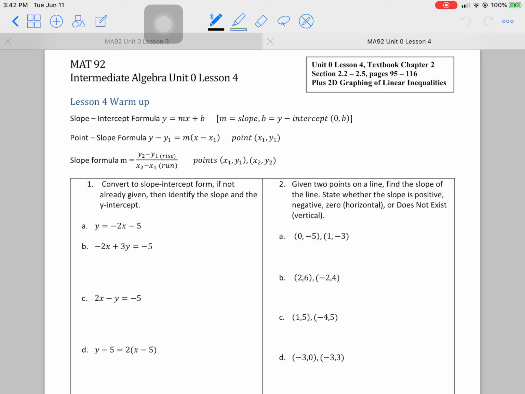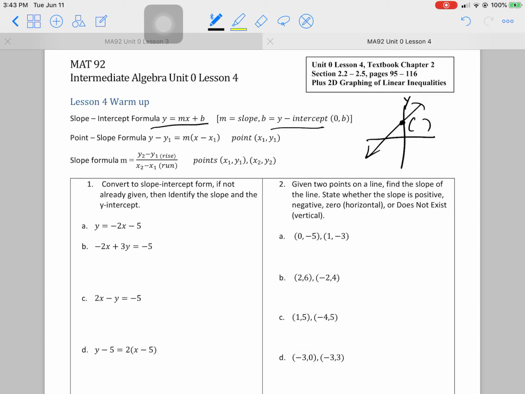So the warm-up has to do with things that were learned in the class before this. Slope-intercept form formula, y equals mx plus b, where the m is the slope and the b is the y-intercept. Remember, in a 2D graph, this is the y-axis, so the y-intercept is where a line would go through.